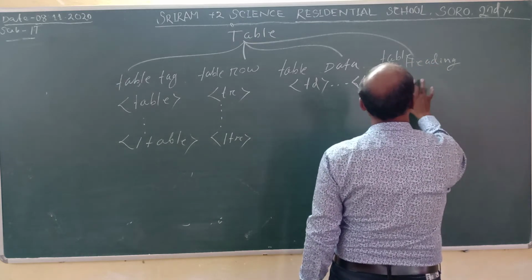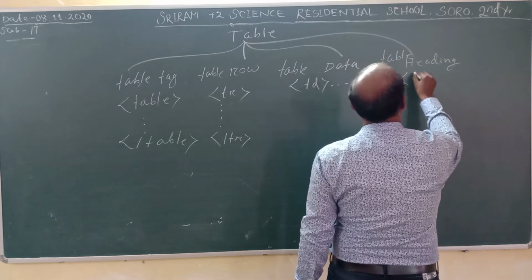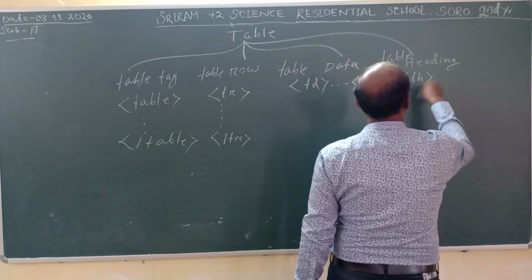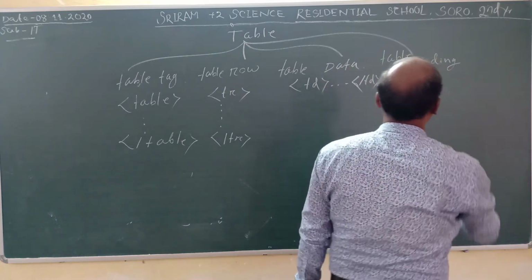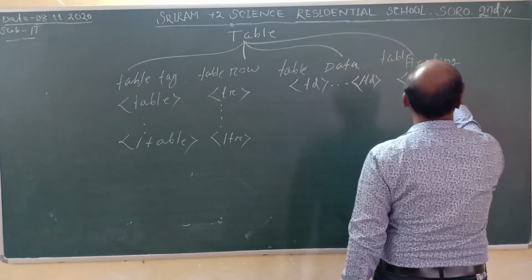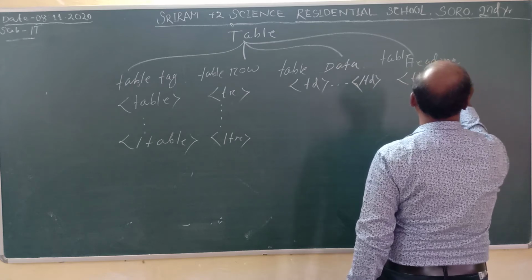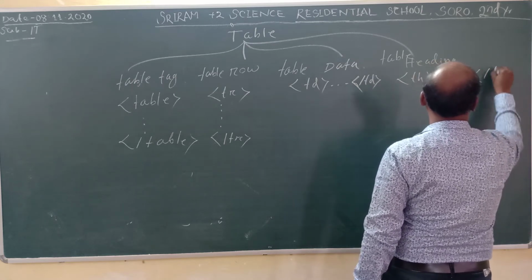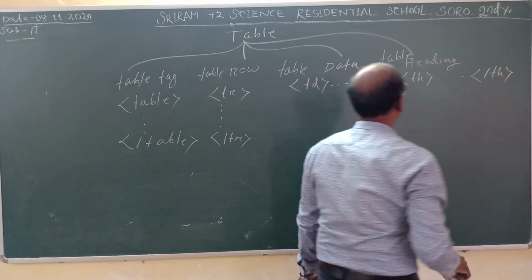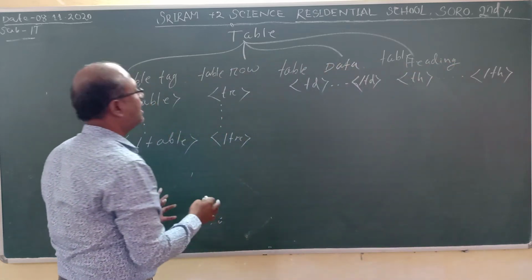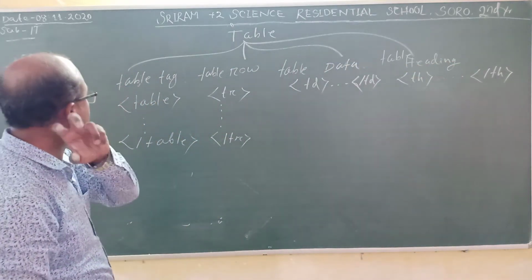Next part is the table heading. The table heading can be created using the th tag, which is the opening tag, and the closing tag is slash th. All tags here are pair tags, not single tags.